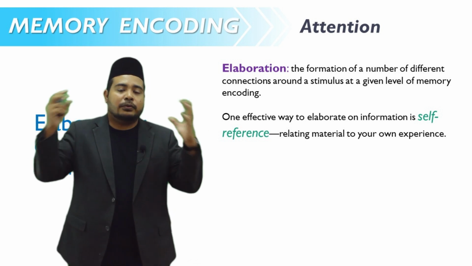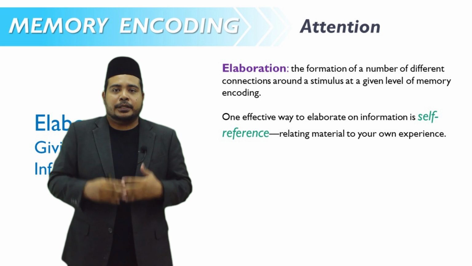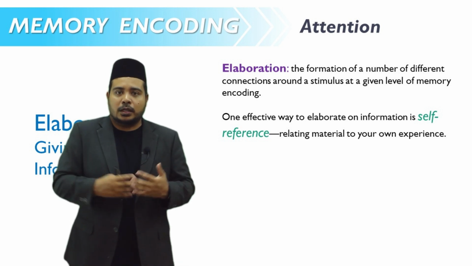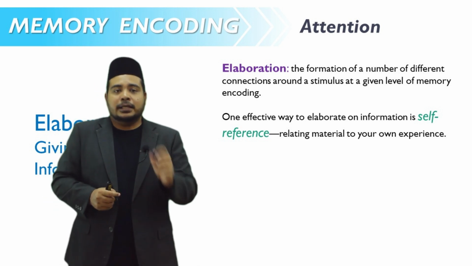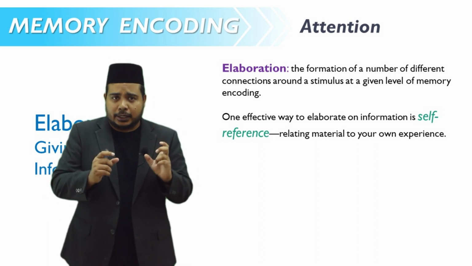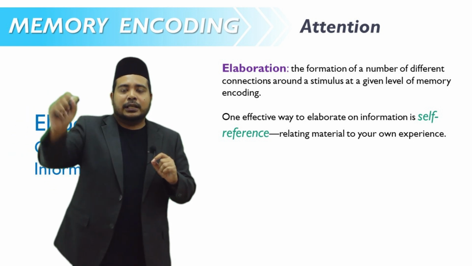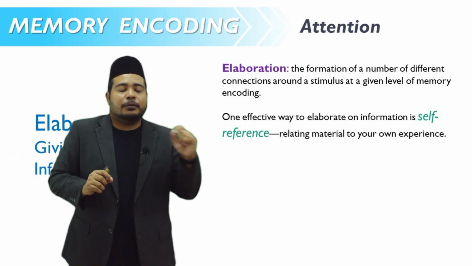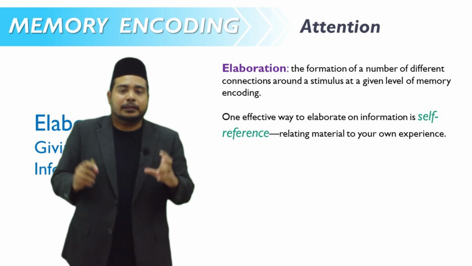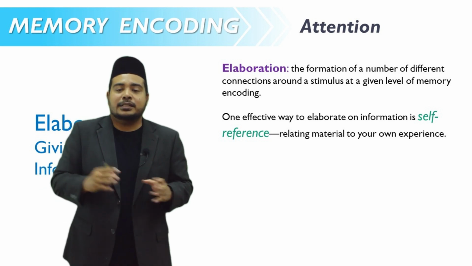So there is a lot of information stored in our memory. What happens if we learn new information? This new information comes into our attention and encoding. It will link to every piece of information available in our brain, so it connects with the stimuli that are available.